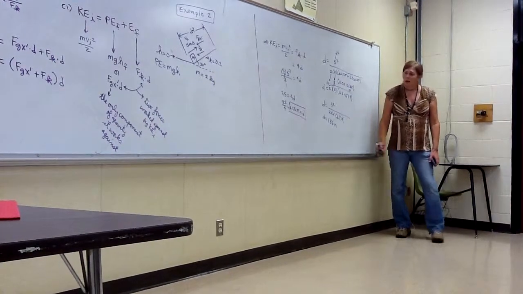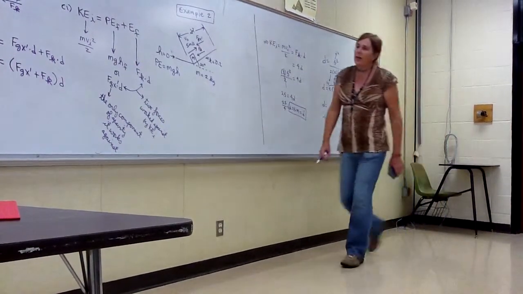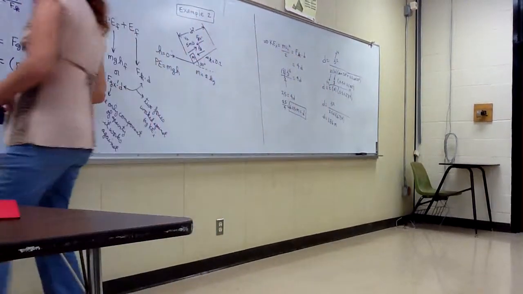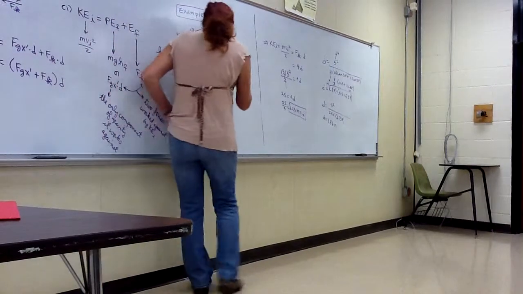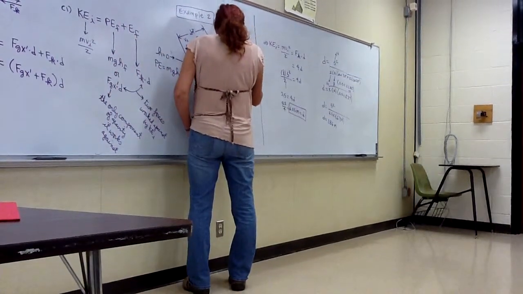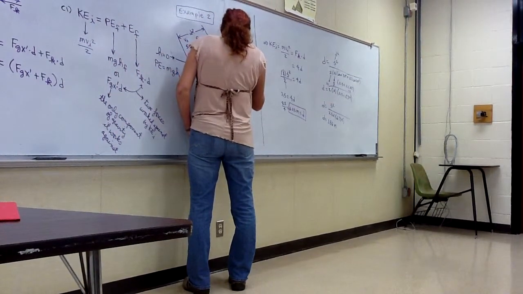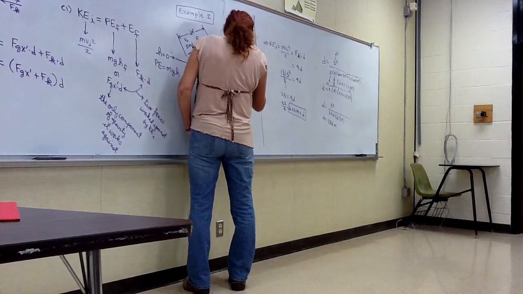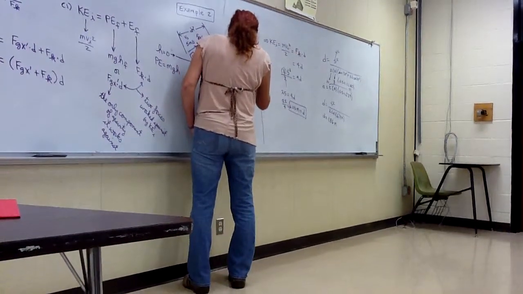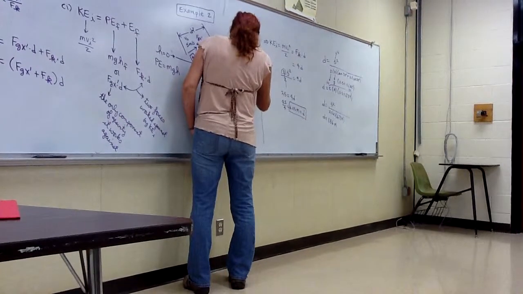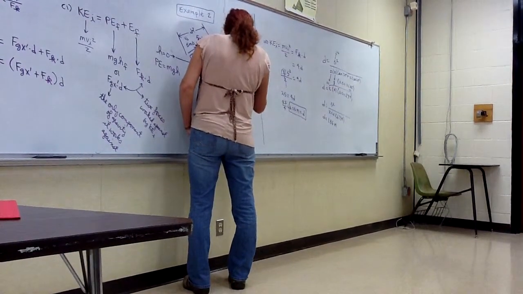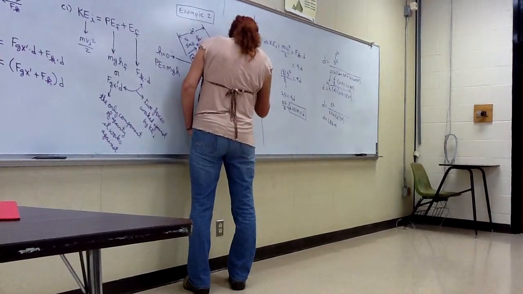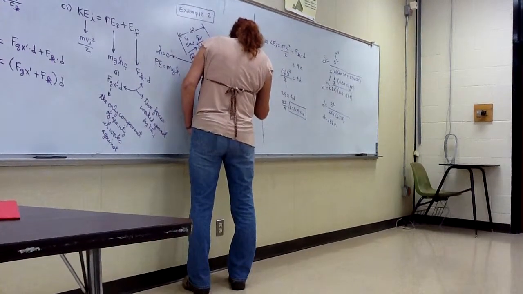For the formula sheet, for this one, I would have things like F G x prime is equal to mg sine of the angle. I'd have kinetic energy is equal to mv squared over 2. I'd have potential energy is equal to mgh.